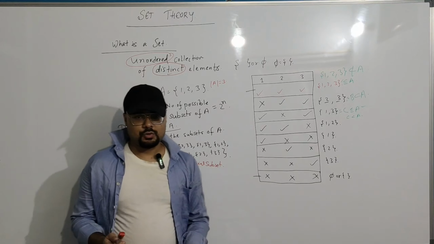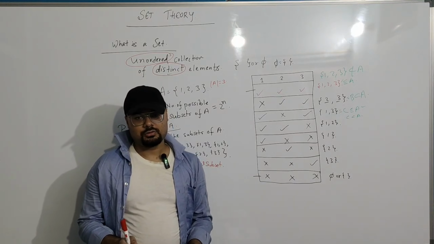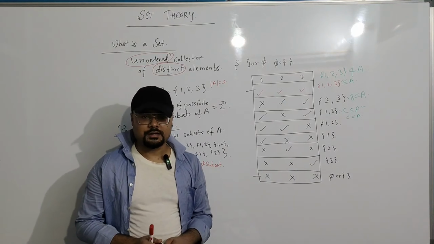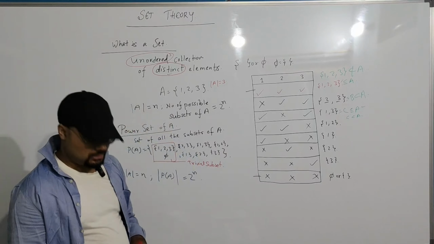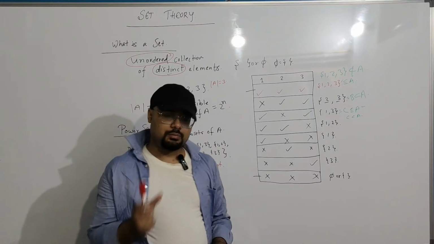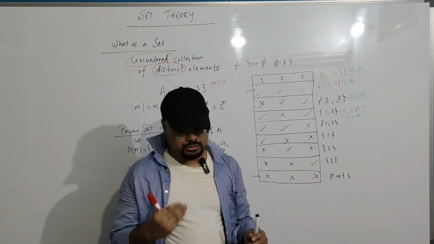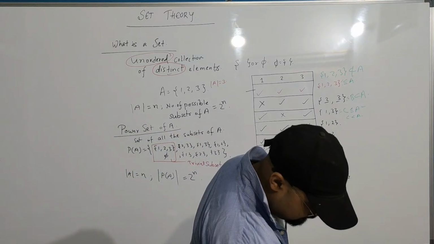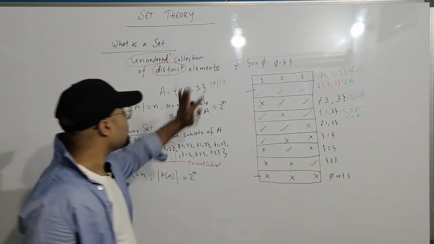There's another representation of a set. You can represent a set using a statement in the English language, which is called set builder notation. That statement itself encompasses all the possible elements. For example, in this case, A is equal to {1, 2, 3}.